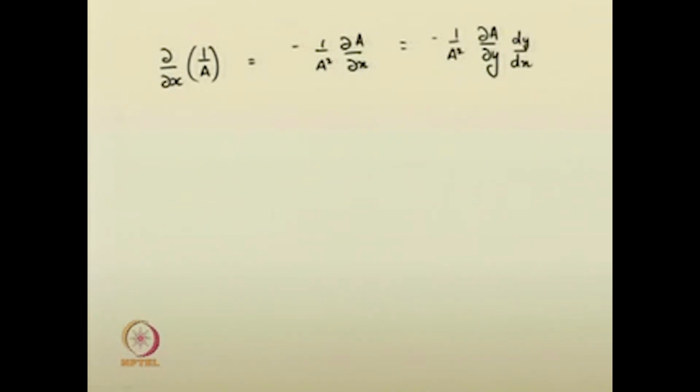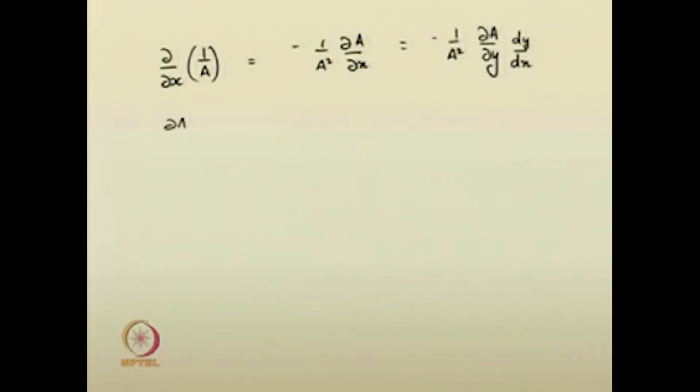Now, you can see that dou by dou x of 1 by A is nothing but minus 1 by A squared dou A by dou x, or you can also write it as minus 1 by A squared dou A by dou y into dy by dx. Like this also you can write.